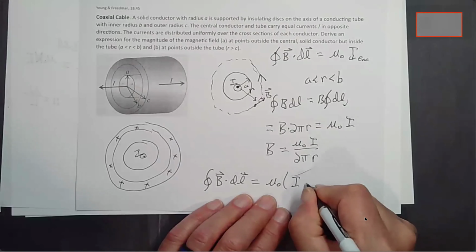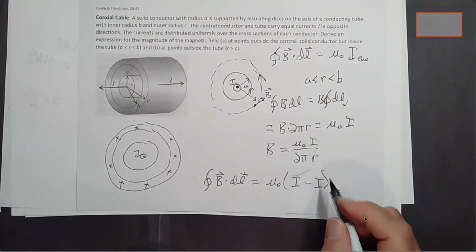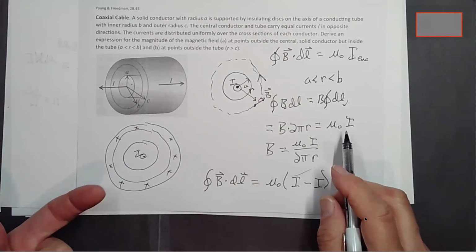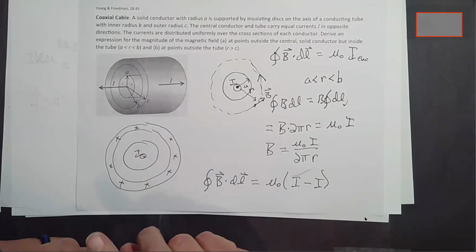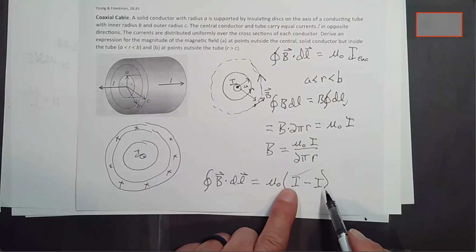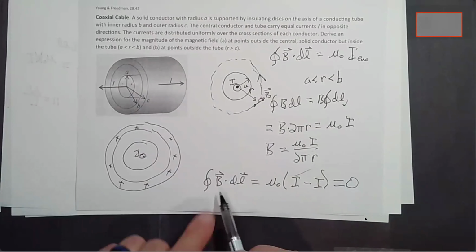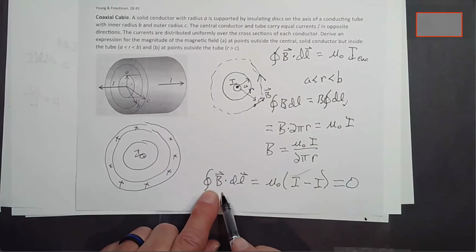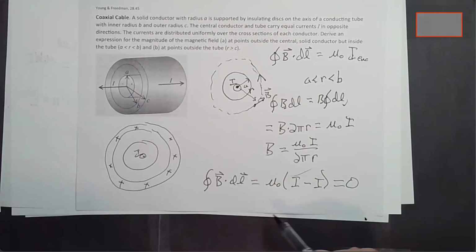The current enclosed is 0, because you assign a sign to currents depending on what direction they happen to be going, and we've got equal and opposite currents here. So there is nothing here, and that tells us that the magnetic field outside of the coaxial cable is going to be 0.